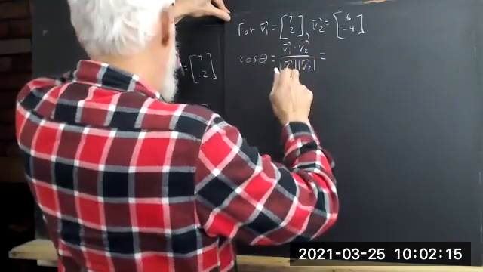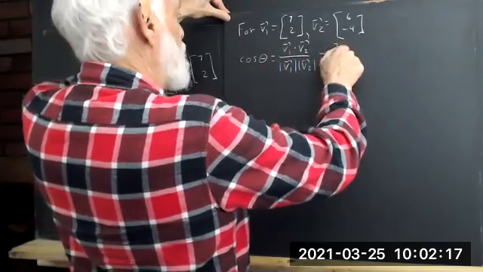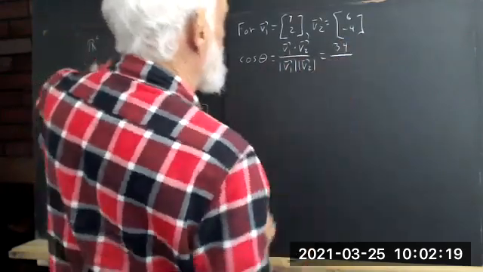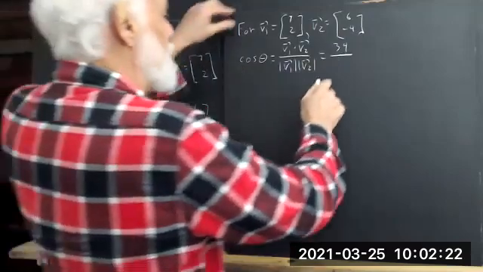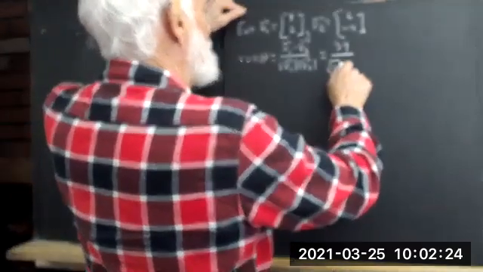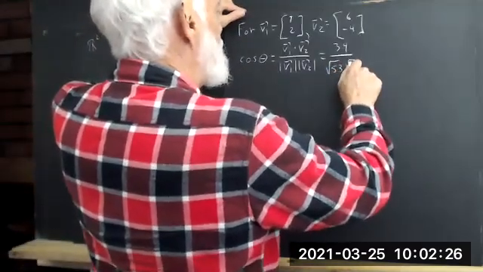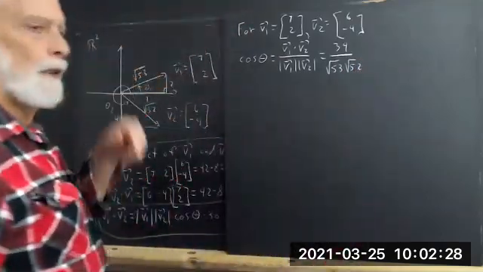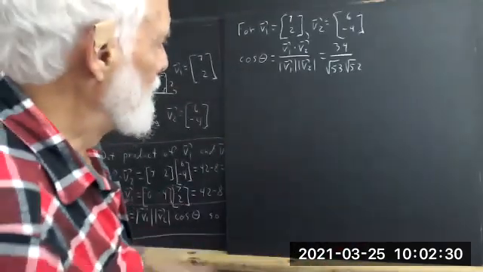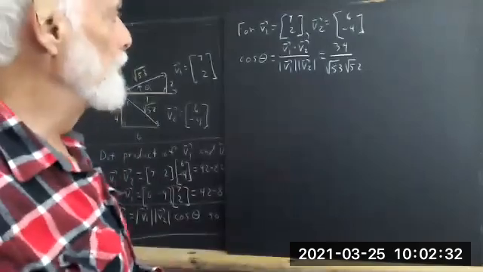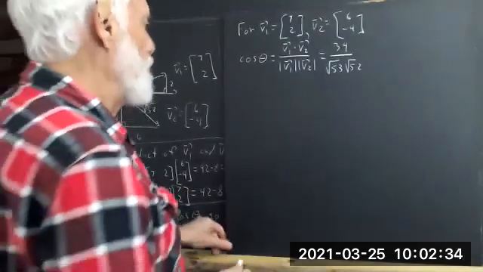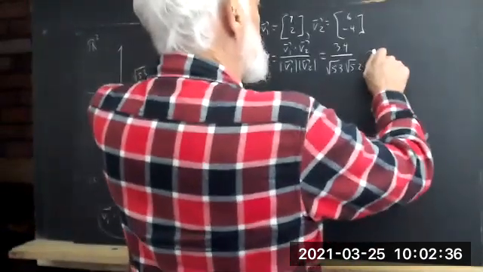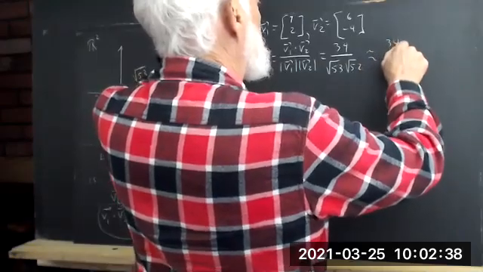And V1 dot V2, as we saw, is 34. Magnitude of V1 is the square root of 53. Magnitude of V2, coincidentally, and I didn't set it up this way, but it's real close, it's the square root of 52. Okay, so this is approximately equal to 34.